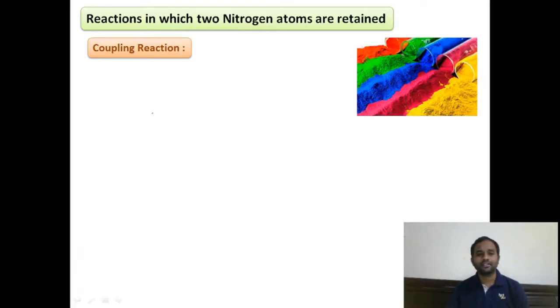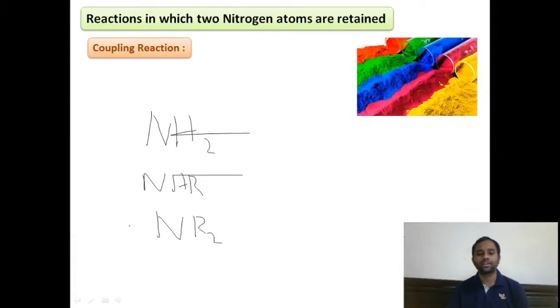Aryl amines having NH2 group or NHR group, or N connected to R groups, NR2 group, right?